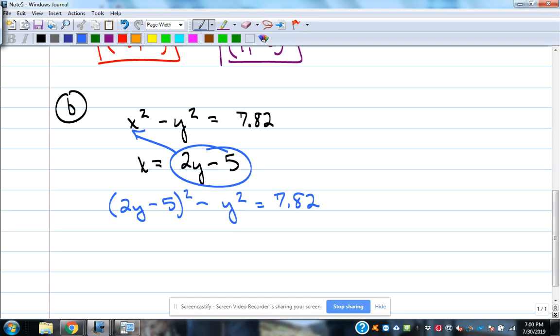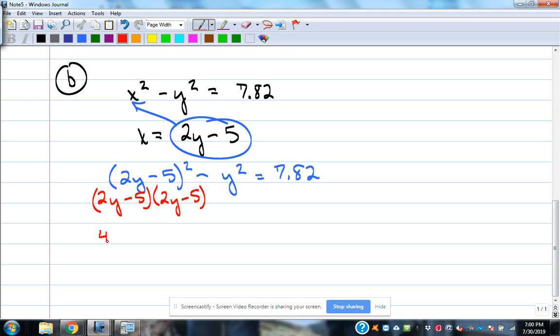All right, so I'm going to square 2y minus 5. So that means 2y minus 5 times 2y minus 5. And I'll multiply all that out. So that'd be 4y squared minus 10y minus 10y plus 25. And then I still have the minus y squared from the original, and the 7.82 over there.